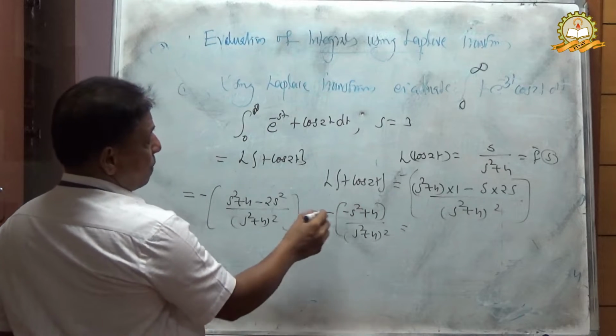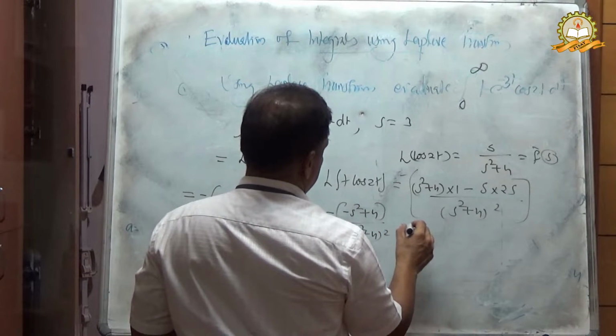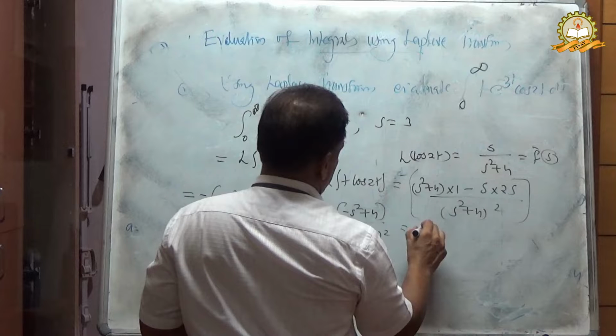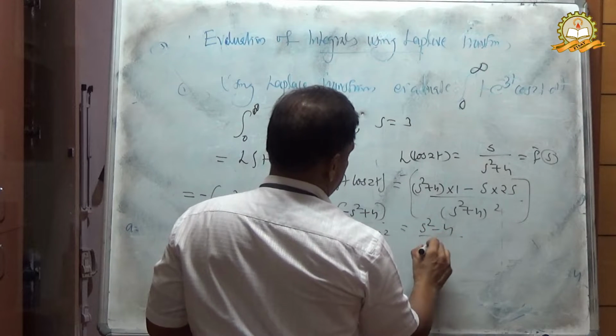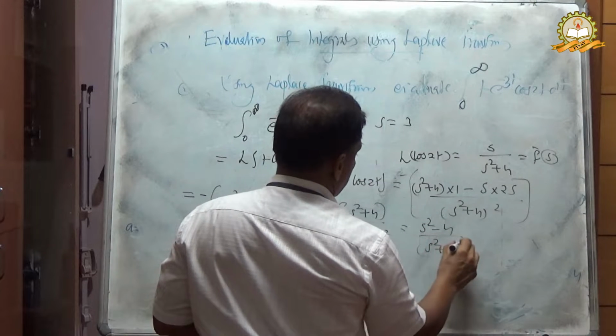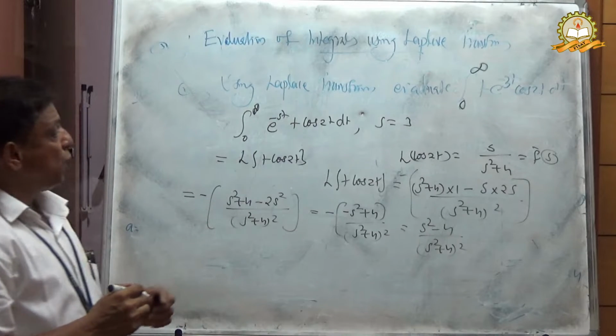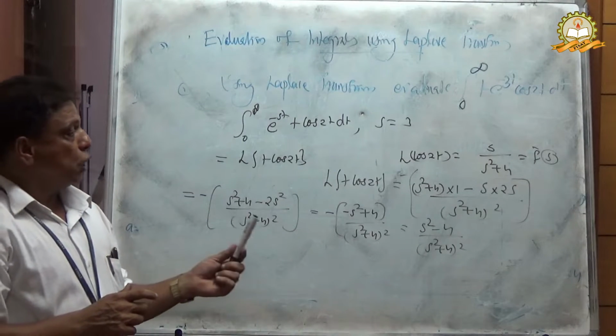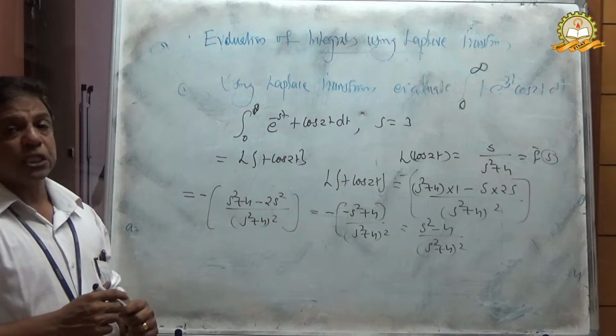Then multiplying by minus, this will be s square minus 4 divided by s square plus 4 the whole square. Therefore, L of t cos 2t is equal to s square minus 4 by s square plus 4 the whole square.